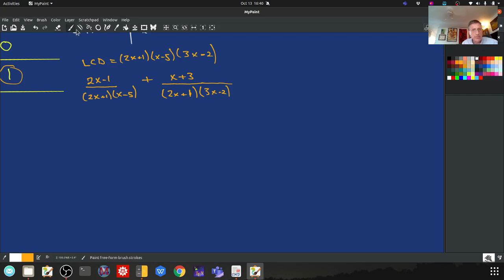So I know this is equal to something over my LCD. And right here my LCD is. So it's my first numerator, 2x minus 1, times something I'm calling my K1 value.